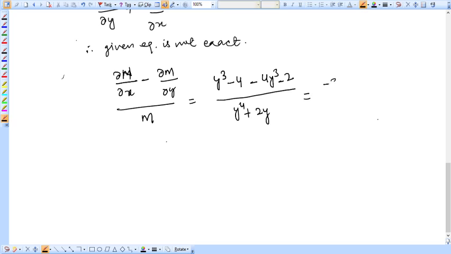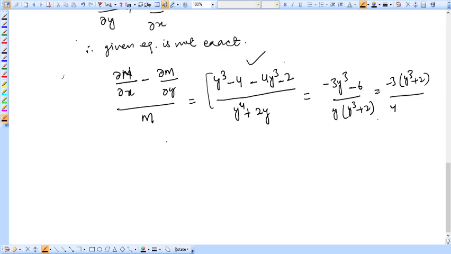minus 3y cube minus 6 over y, common y cube plus 2, and 3 common from the numerator, y cube plus 2 upon y cube plus 2. So from here it is clear that rule number 4 can be applied here, because all this is a function of y alone.